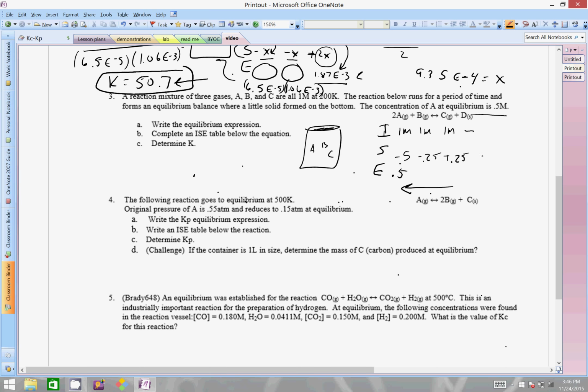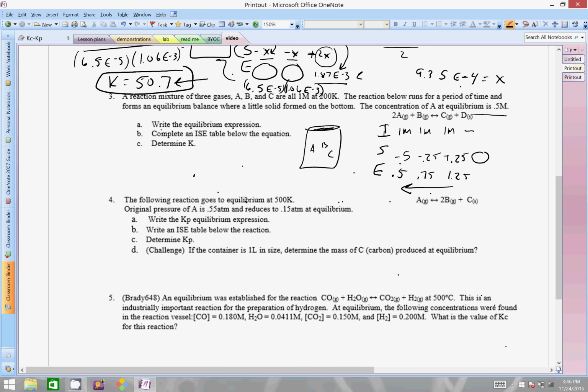I will gain some amount of D, but I don't know the volume of the container, so I can't find the moles, and therefore I can't find the amount of D I will get, but I will get something. This would be 0.75, and this would be 1.25.